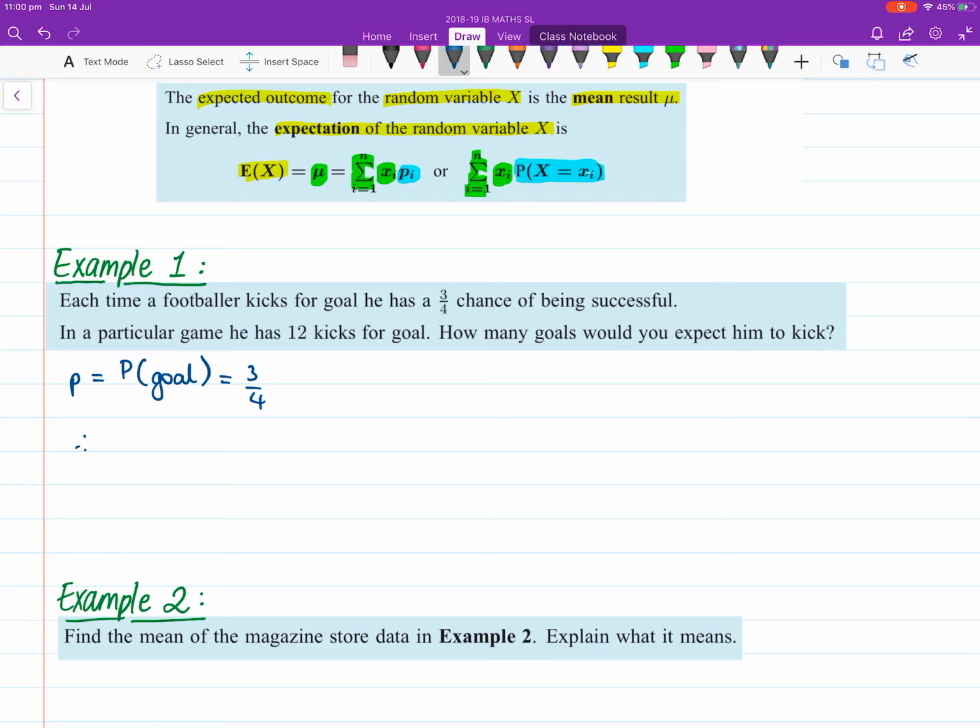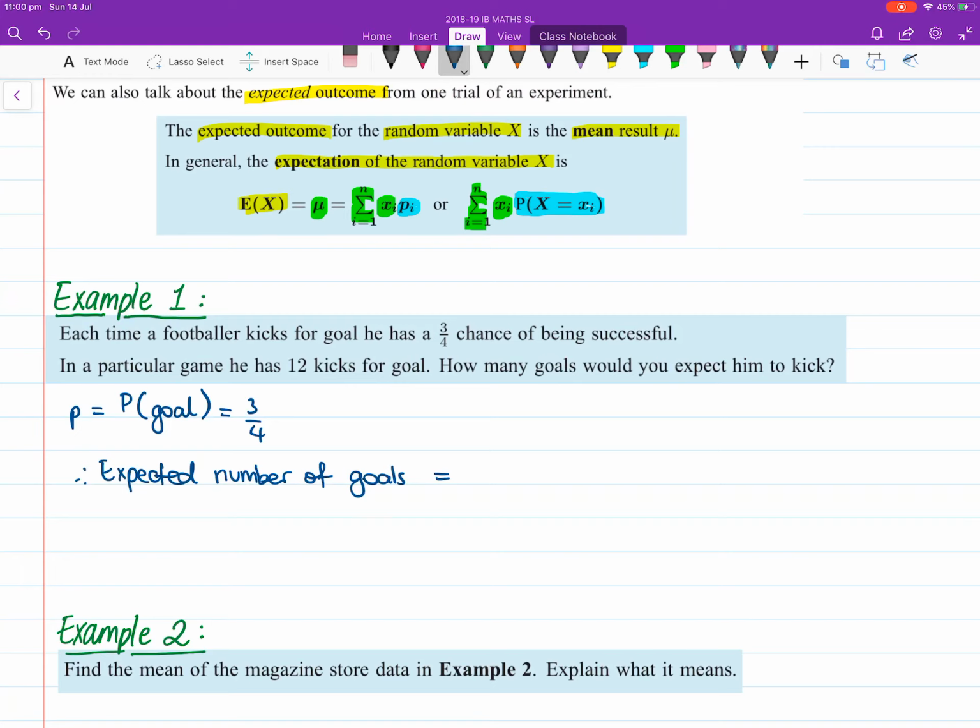So therefore, the expected number of goals would be, we can use our capital E, and it'd be n times p. So he's going to do it 12 trials multiplied by the probability, which is 3/4.